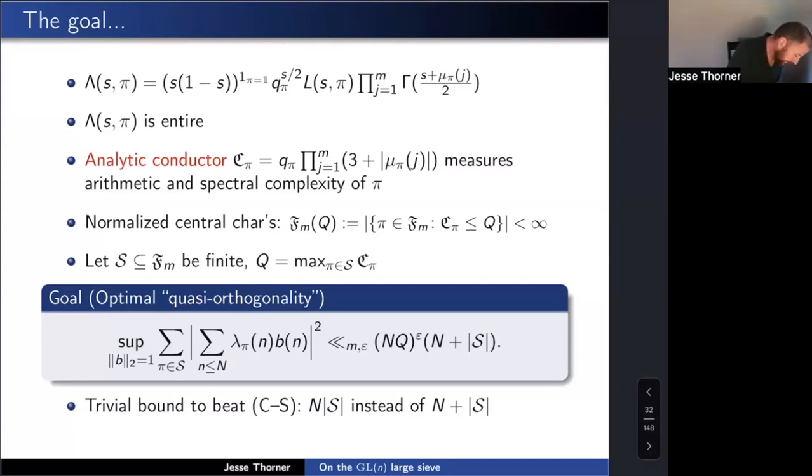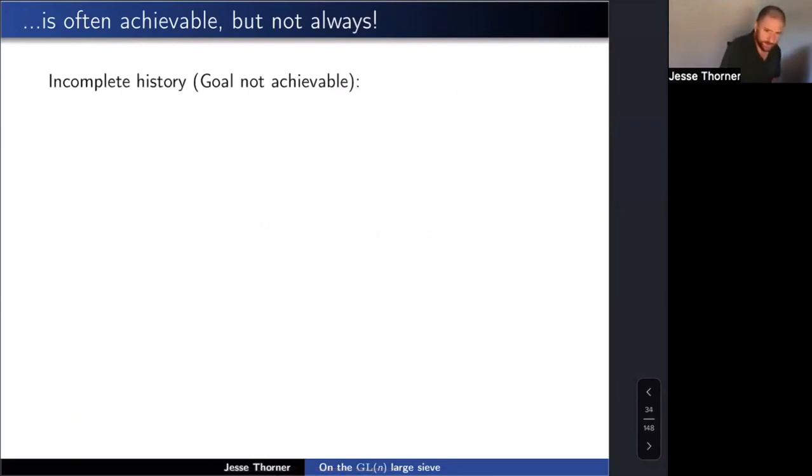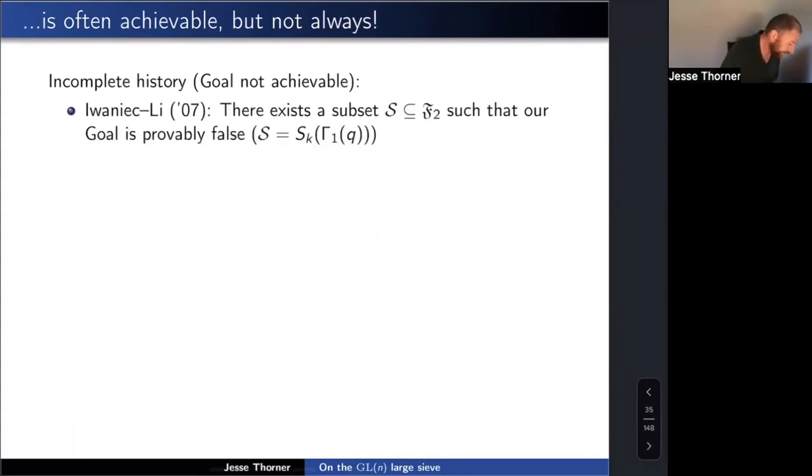Now, this is our goal, but interestingly enough, while it is often achievable, it is not always achievable. So first, here are a couple of examples where this goal is provably not in the cards for us.